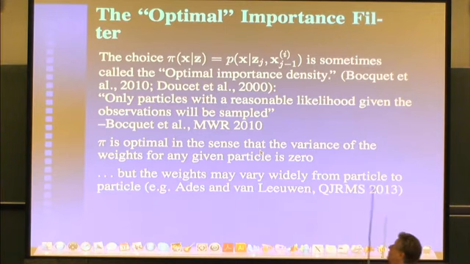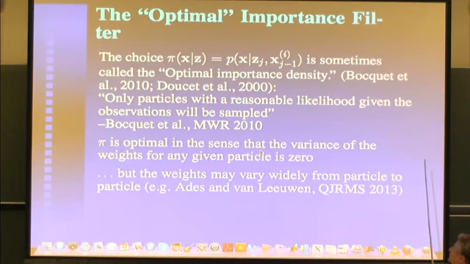Now, what they call the optimal importance filter is this: that sometimes you can sample this creature, which is pretty nice, and, as Mark Bocquet and his co-authors in Monthly Weather Review 2010 put it succinctly, you will only get particles with reasonable likelihood. And it's optimal in the sense that the variance of the weights for any given particle is 0.